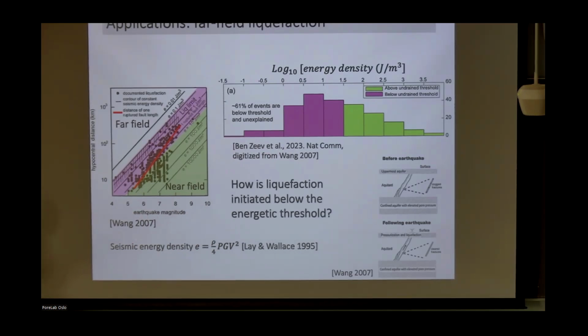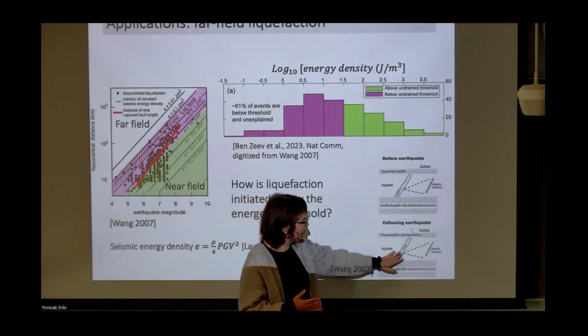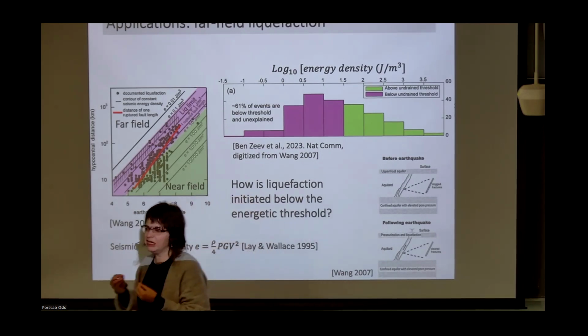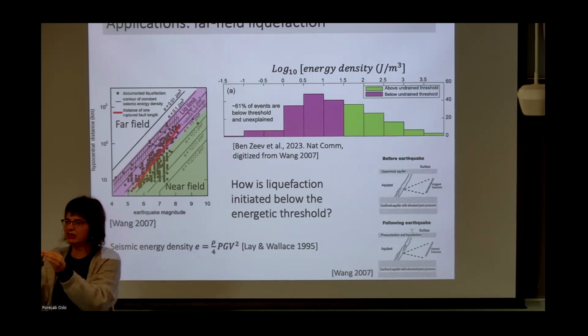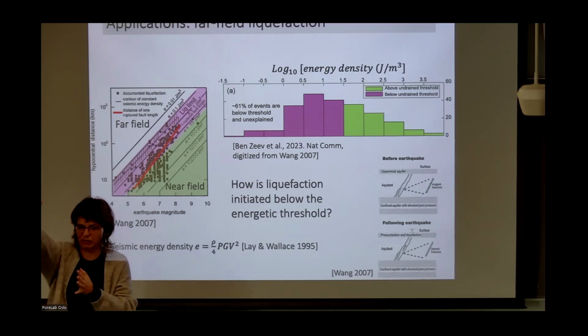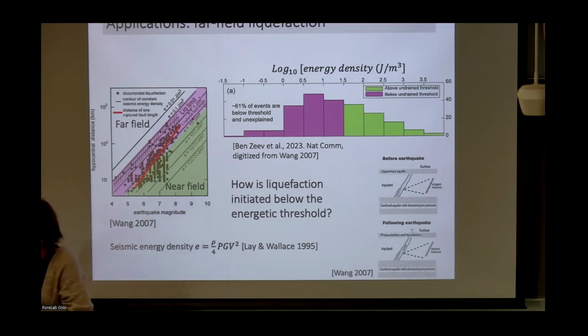So it's been bothering scientists, and Wang suggested that maybe small energy events break some permeability barriers, and those permeability barriers blocked high pressure regions, and now that they're broken, you get a pathway for a high pressure fluid to escape and reach some soil, and that's what liquefies that region.